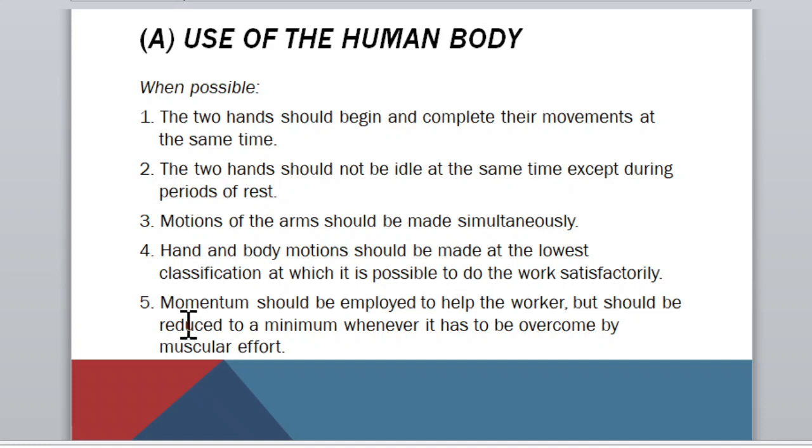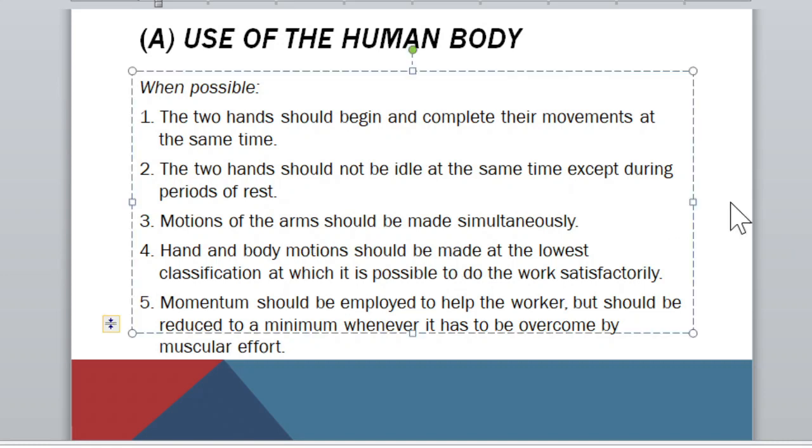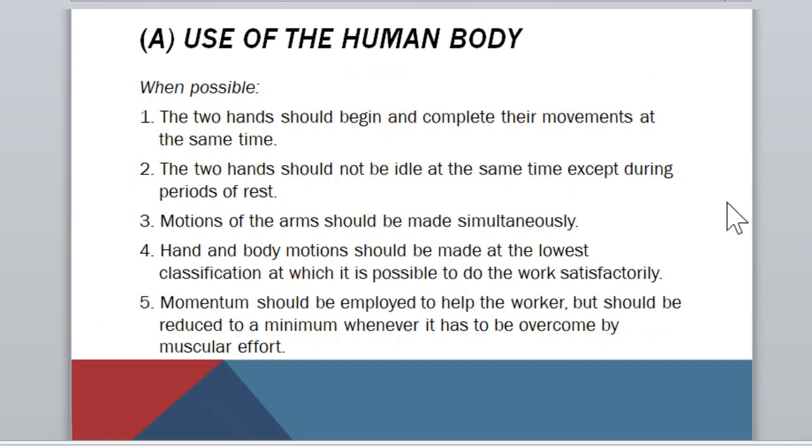So remember, with your activity last time, the video that I sent, as much as possible, when you are working, you have to use your hands simultaneously. So it's the same with the motions of the arms, it's the same with number 3. Motions of the arms should be made simultaneously. The two hands, here in number 2, the two hands should not be idle, so at the same time.